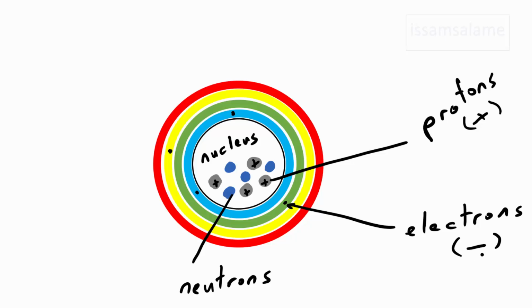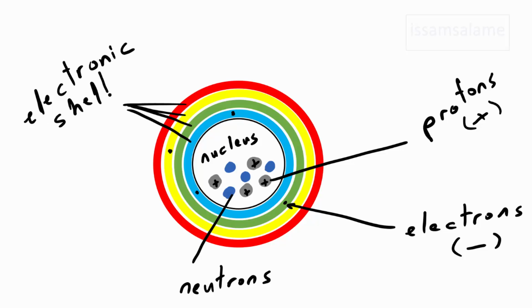These electrons are negatively charged particles, and as I told you, electronic shells are not circular. Their shape is a little bit more complicated. We are not going to talk about the shapes because our lesson now is just how we are going to distribute the electrons on these electronic shells, or, as we call them in some books, electronic clouds.